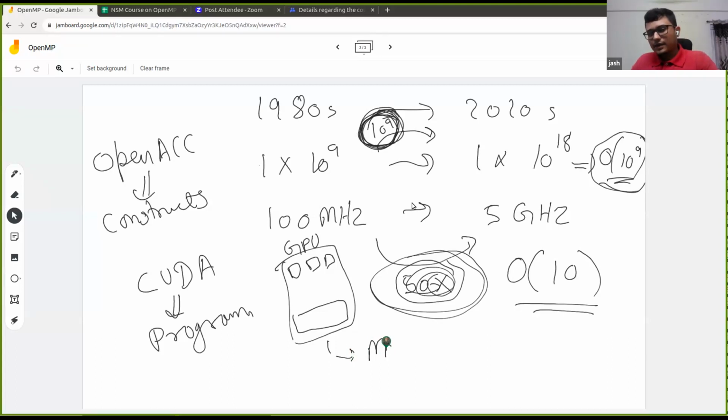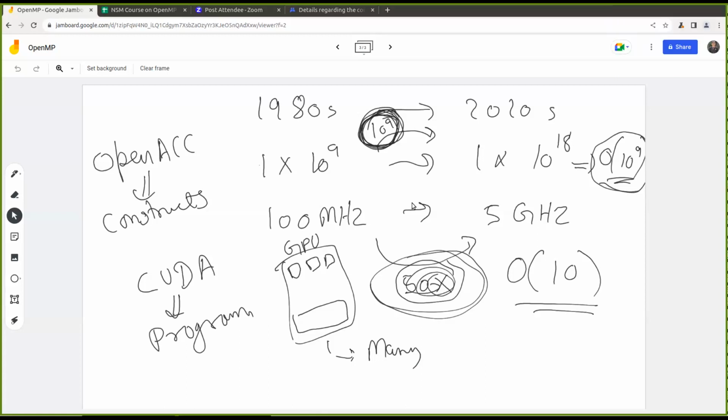But internally it is kind of a shared memory system, I would say, because there is this RAM that GPU has. It has its own RAM and its own cores. I'll show you the shared memory architecture also very briefly. So it is kind of shared memory, but it is considered a many core system. Yeah, understood. Thank you.